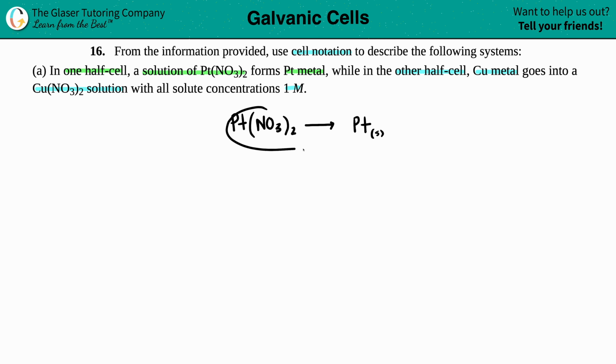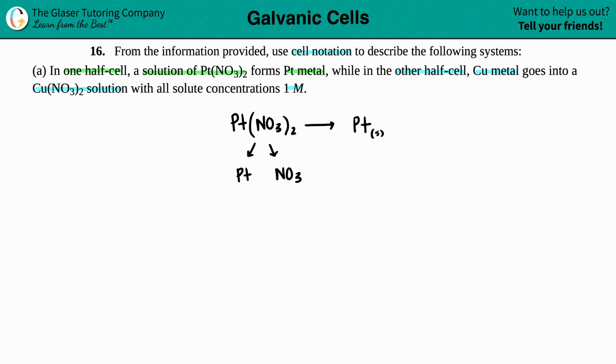So since they're talking to us here, and I don't see any nitrate, right? NO3 is nitrate. I don't see any nitrates over here. Chances are the nitrate is not going to be the one that is changing oxidation state. However, if we do break this compound down, and I break this into its ions, I will have Pt and NO3.